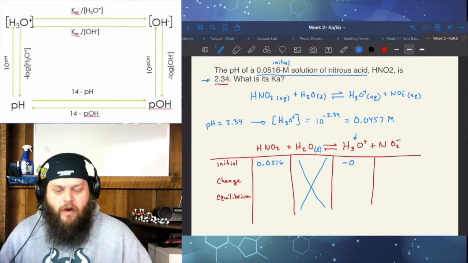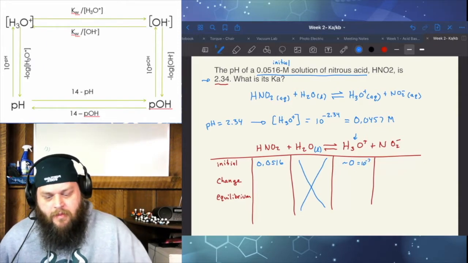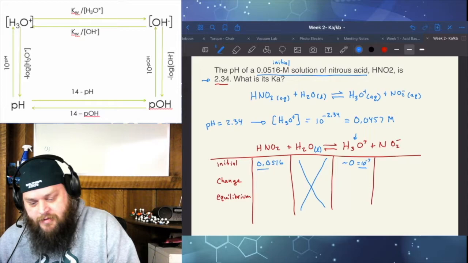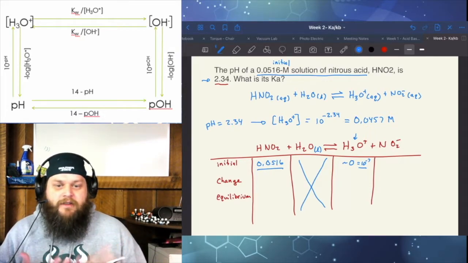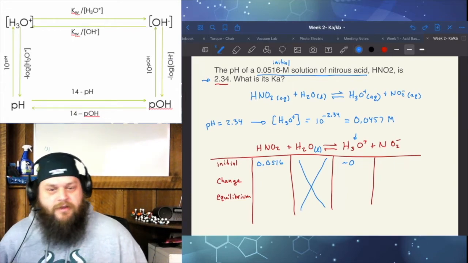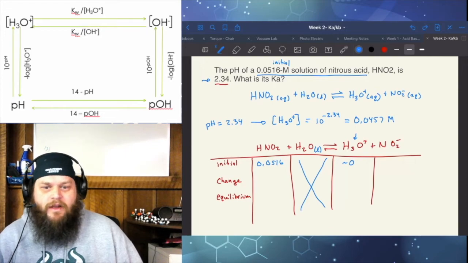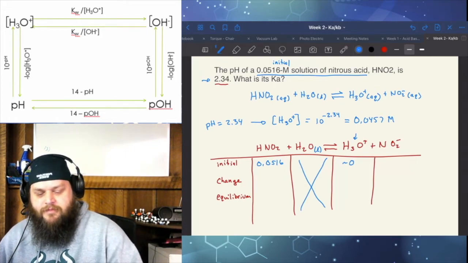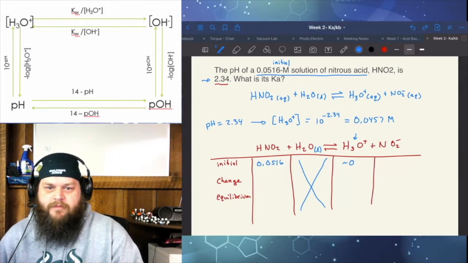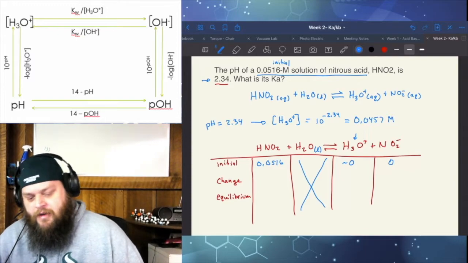If it's neutral water, it would really be 10 to the negative 7. But since this value is so much smaller than this, when we start adding things together, it gets lost in the sig figs. So for simplicity, we just call it 0. And NO2 minus, what is the concentration of that initially? Also 0, because the reaction hasn't happened yet, right?